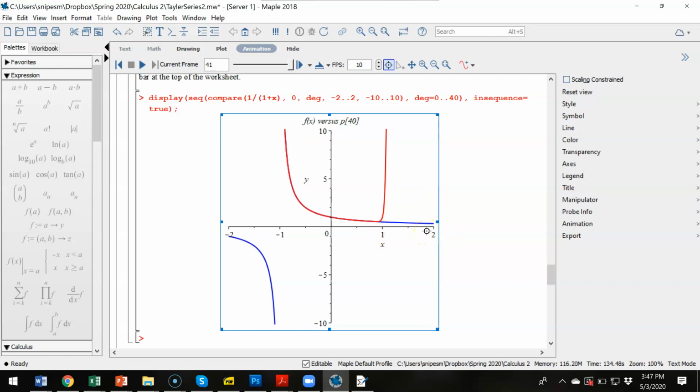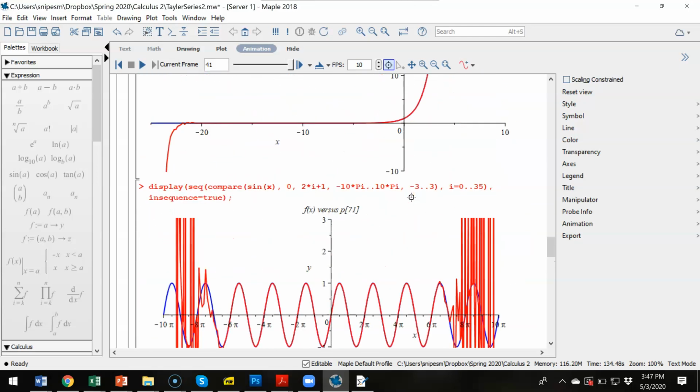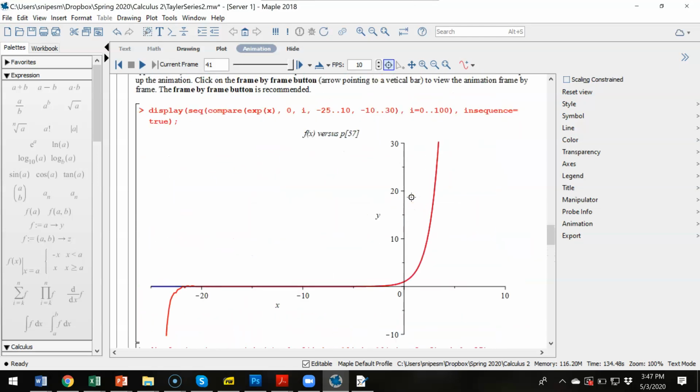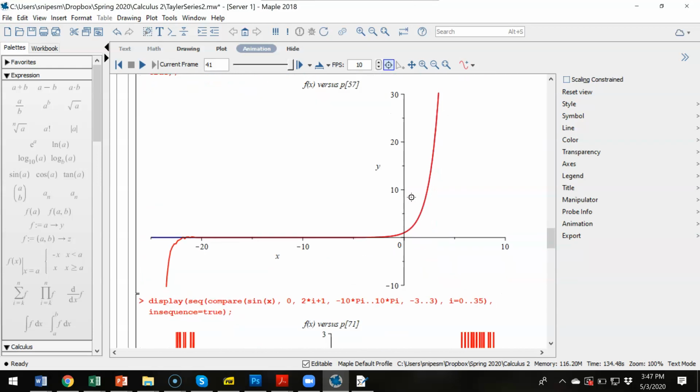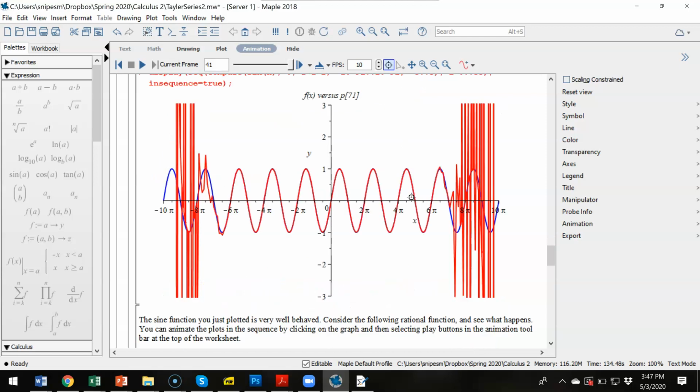So we're going to investigate this phenomenon formulaically: what's happened, and the difference between this function and the functions e to the x and sine of x, where the Taylor polynomials centered at 0 approximate the function at any point.